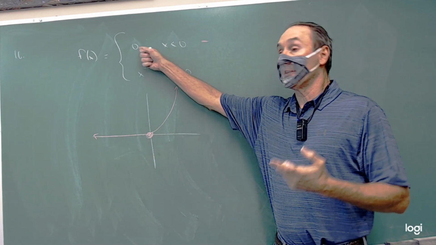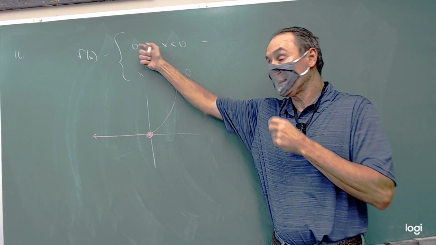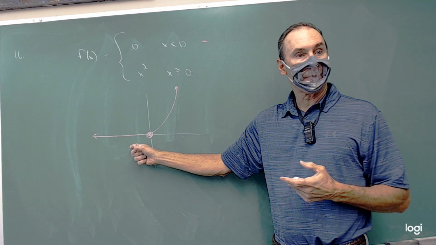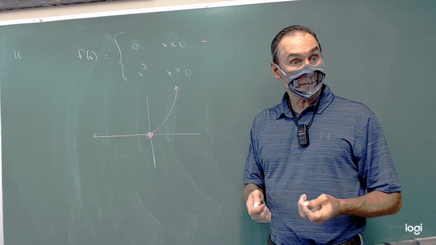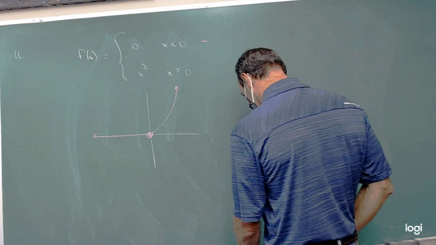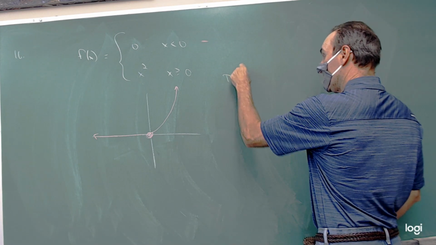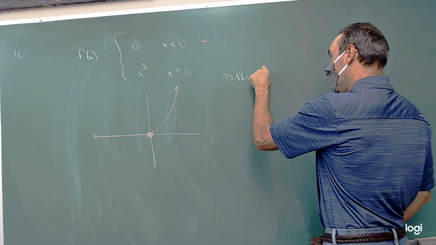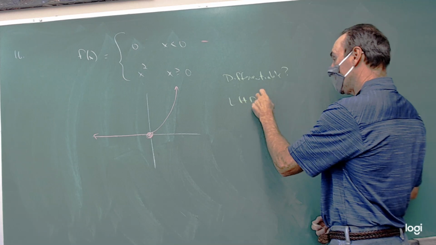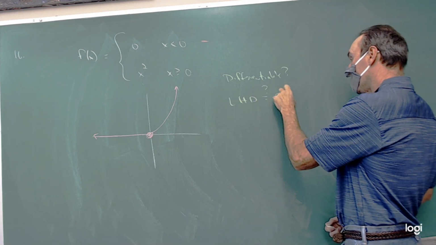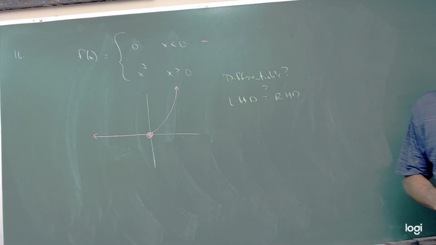You plug in 0 here, that's always 0 no matter what you plug in. When you plug in 0 there, it's going to be 0. The more interesting question is, is it differentiable? So then we want to know, does the left-hand derivative equal the right-hand derivative at x equals 0? That's our question.